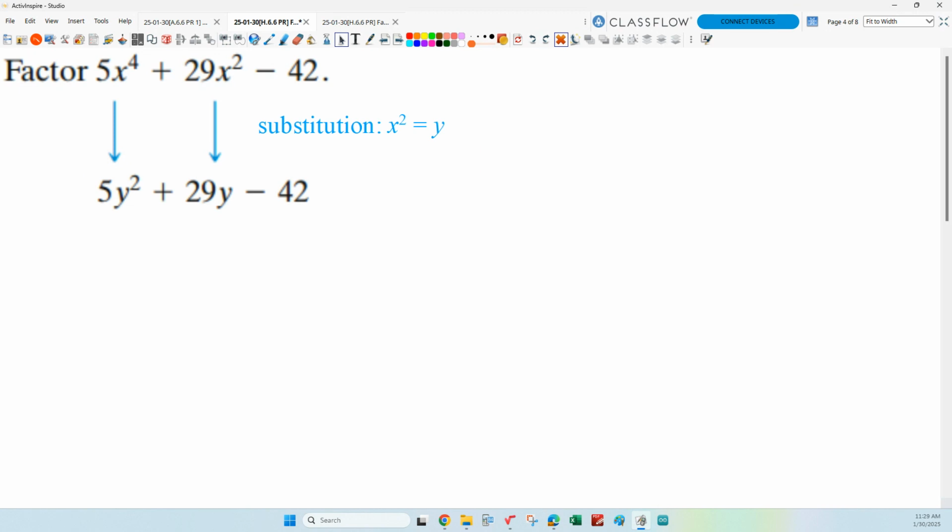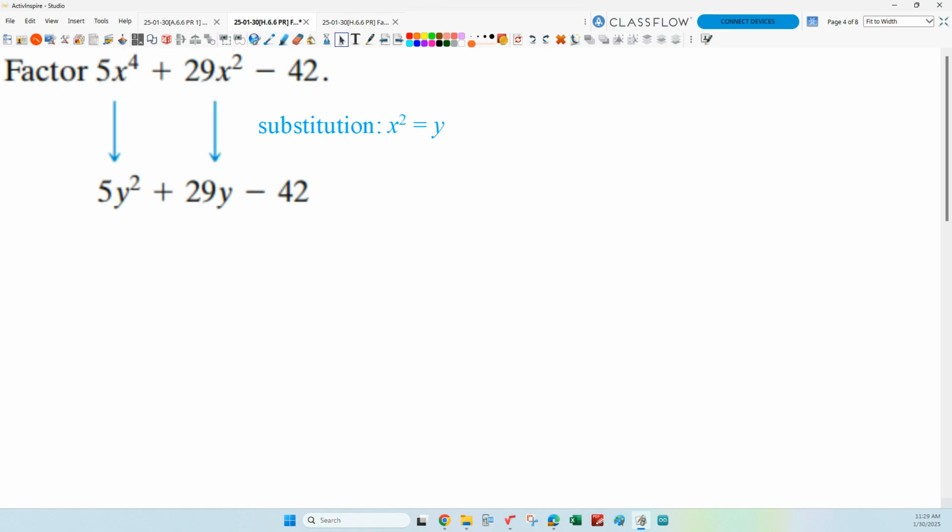So if we make that substitution, well, look, then we get a simpler looking polynomial. It's a quadratic trinomial instead of quartic. And so we could potentially factor it. I can't factor out a GCF, right. If I am going to factor this, I'd have to find magic numbers.